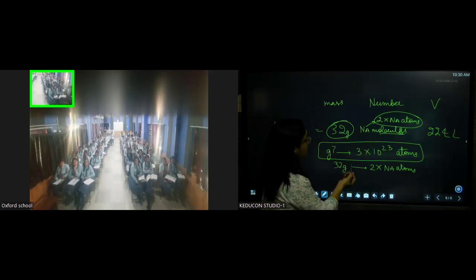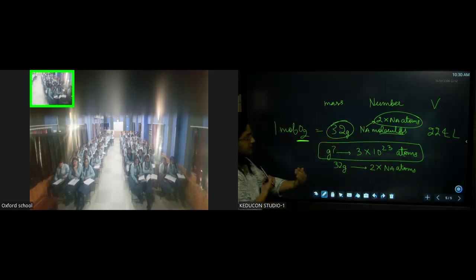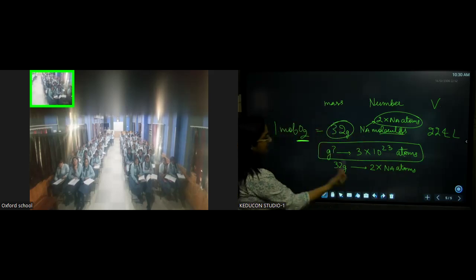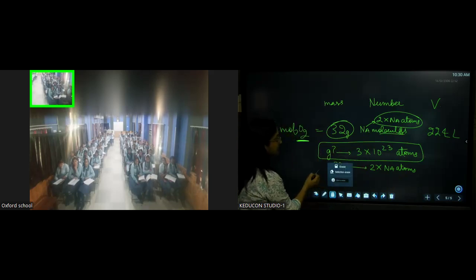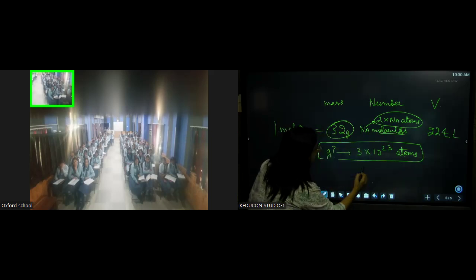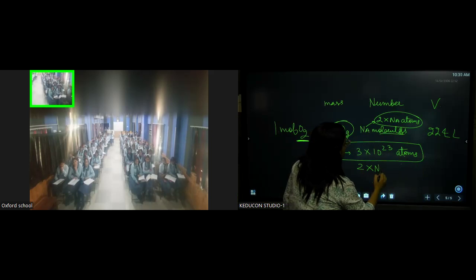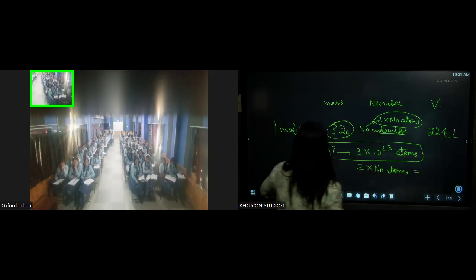Now you are asked how many grams are present in this much number of atoms. Let's reverse it, because we need to calculate grams from atoms. So we write it this way: 2 into Avogadro number of atoms gives you 32 grams.